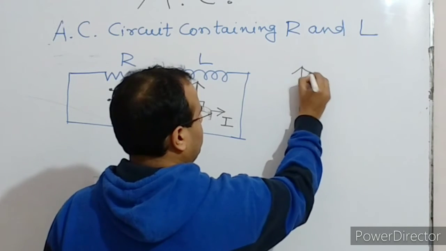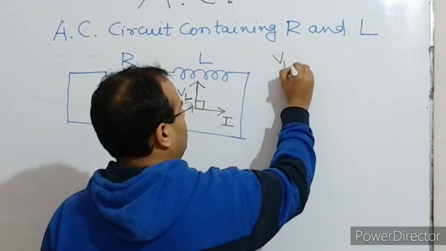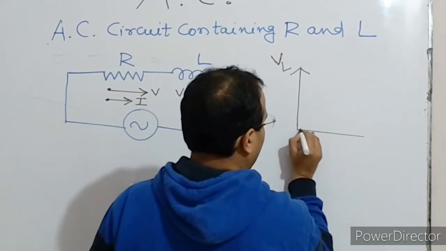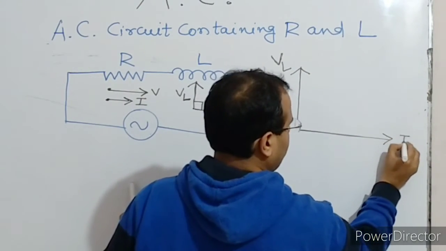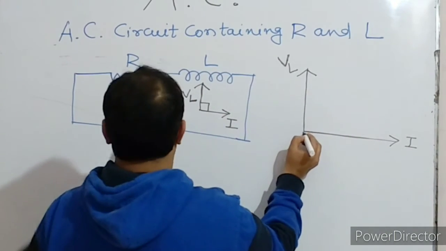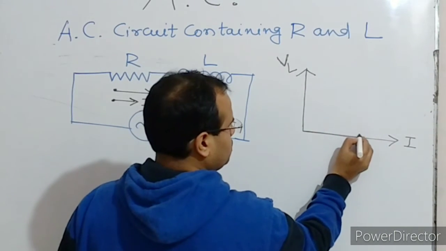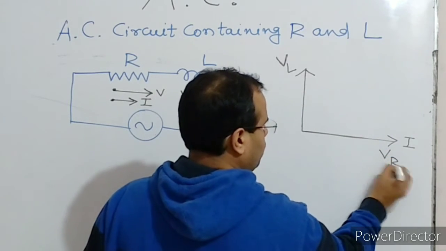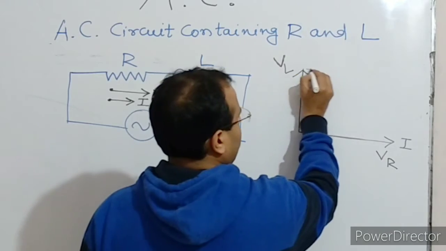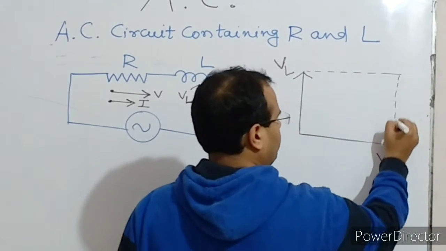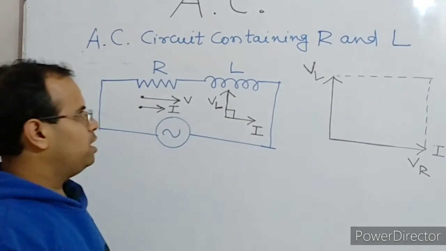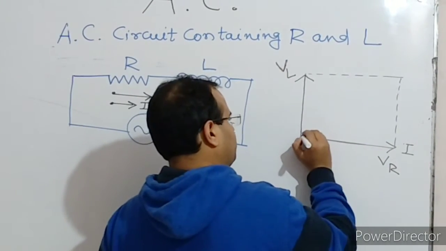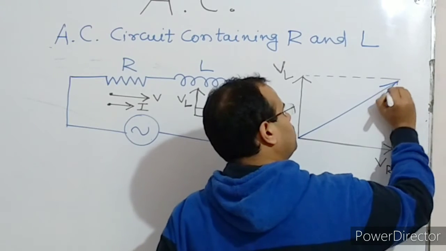Now if we draw the phasor diagram for this, we can draw it like this. Here we have VL, the voltage across the inductor. Then here we have the current I, and the voltage across the resistance is in this direction only, that is VR. If we complete this, the parallelogram is completed, and here is the resultant.